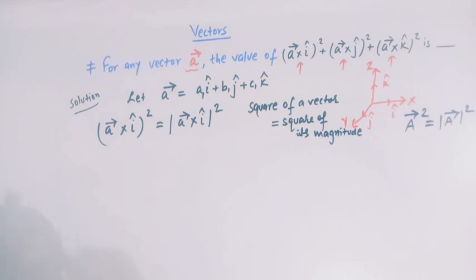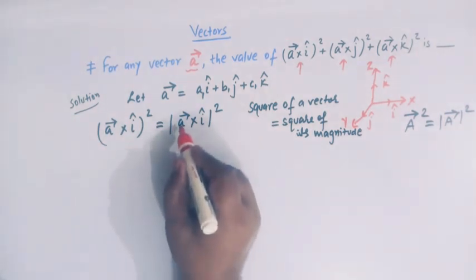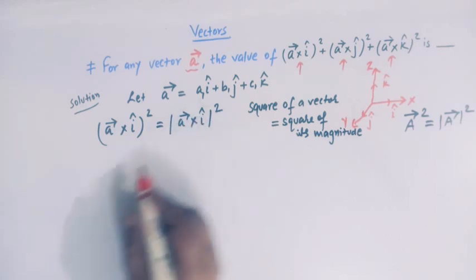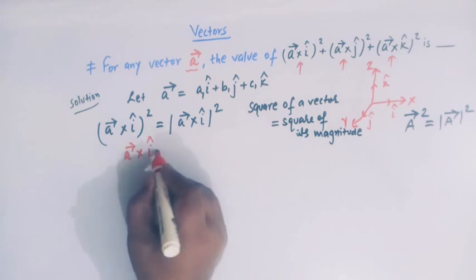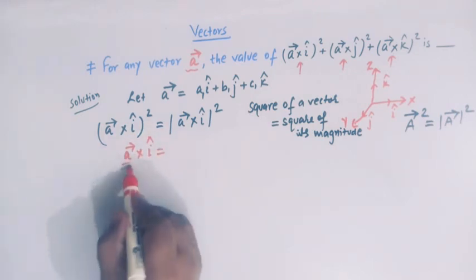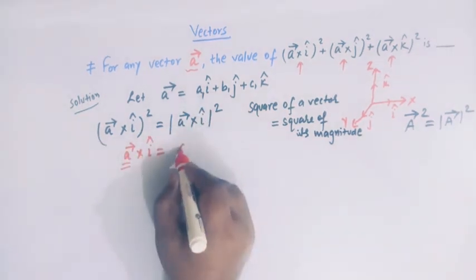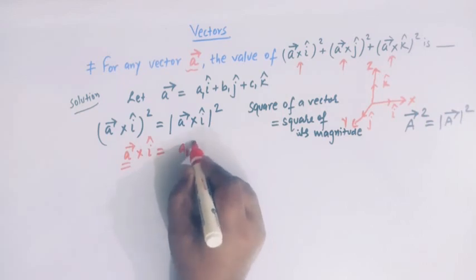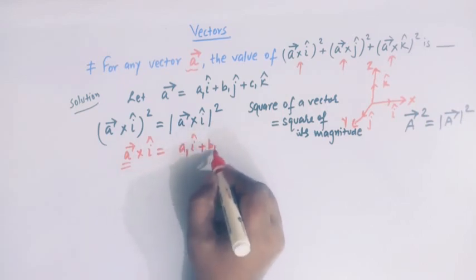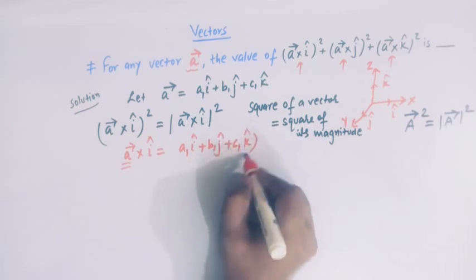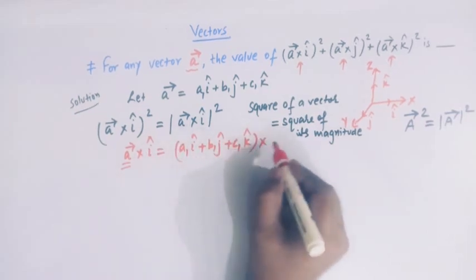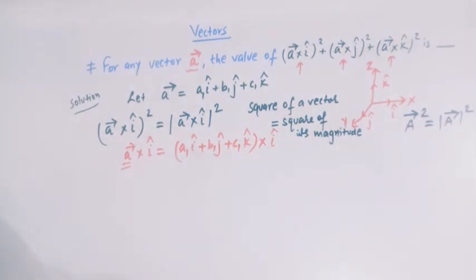Okay, so now let us find out vector A cross i cap. So we have to first find this cross product, right? So what is vector A? We have vector A as A1 i cap plus B1 j cap plus C1 k cap and cross i cap, right?